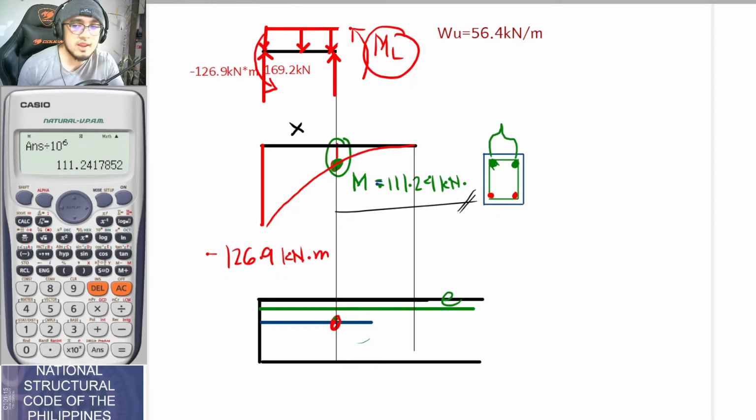And since you are already in reinforced concrete, you should have already mastered it. So consider this as a review. Among all procedures, I will be making use of this loading diagram. With that, guys, I will be getting the moment at this point. So let's say that that is to be ML, or MM pala, MM.